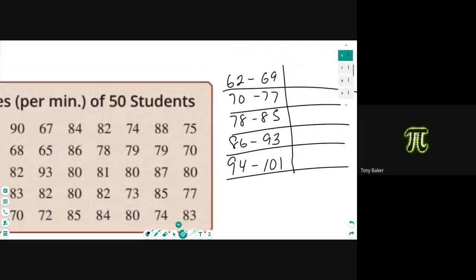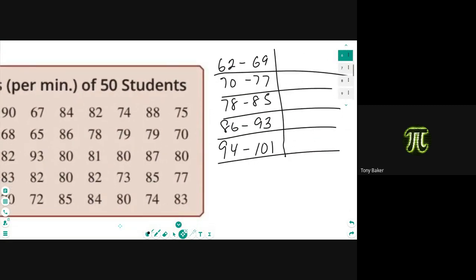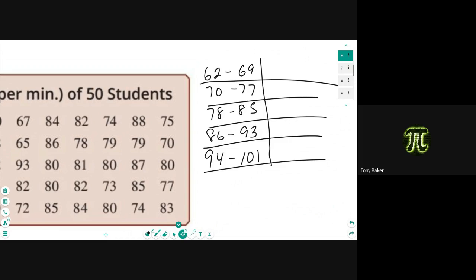All right, so how many from 62 to 69? 4. How many from 70 to 77? 78 to 85. 21. 86 to 93. 94 to 101.